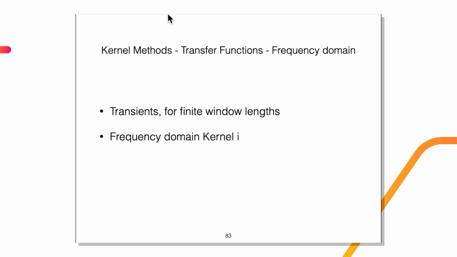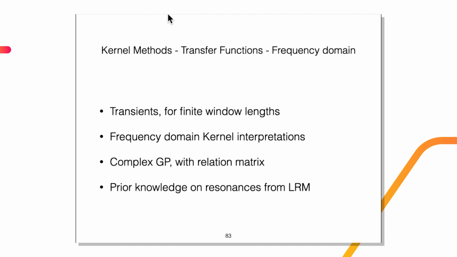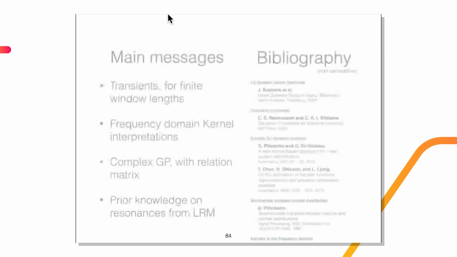We looked at interpretations for frequency domain kernels, decay rates, time correlation. We looked at how Gaussian processes can be expressed for complex signals, complex systems with a relation matrix, and how you can include prior knowledge about the resonances obtained from LRM, the local rational method.